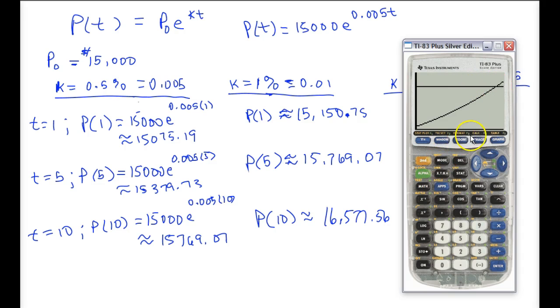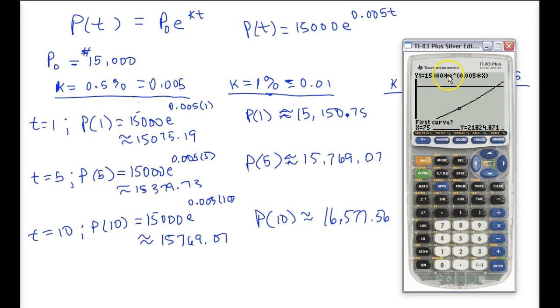So to do that, we go to the calc feature again, go to second, calc, and then instead of picking value, we're going to go to number 5 and pick intersect. You can either press the number 5 or scroll down to 5 like I'm doing here and hit enter.